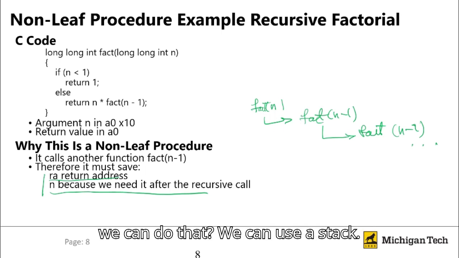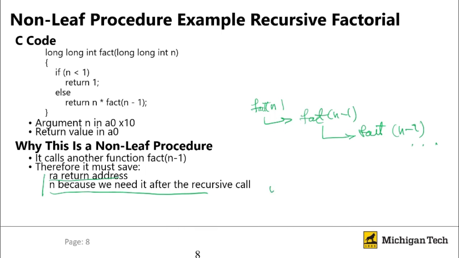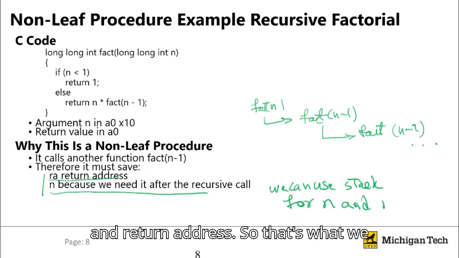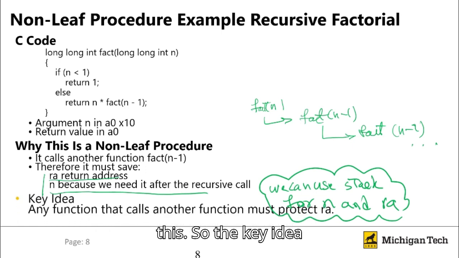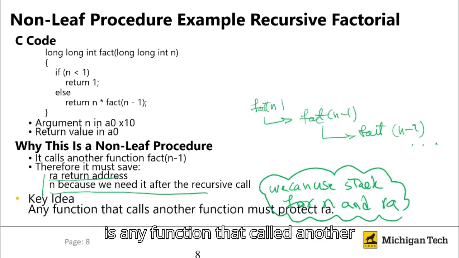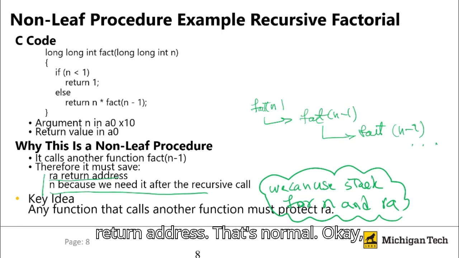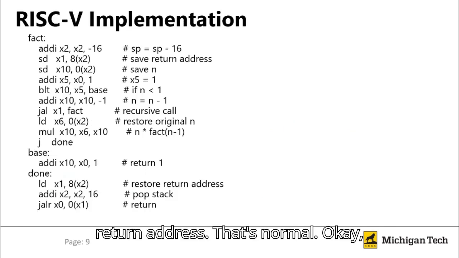Okay, how can we do that? We can use a stack. We can use the stack for n and the return address. So that's what we need to do for implementing this. The key idea is any function that calls another function must protect the return address. That's normal. Okay, that's the code.